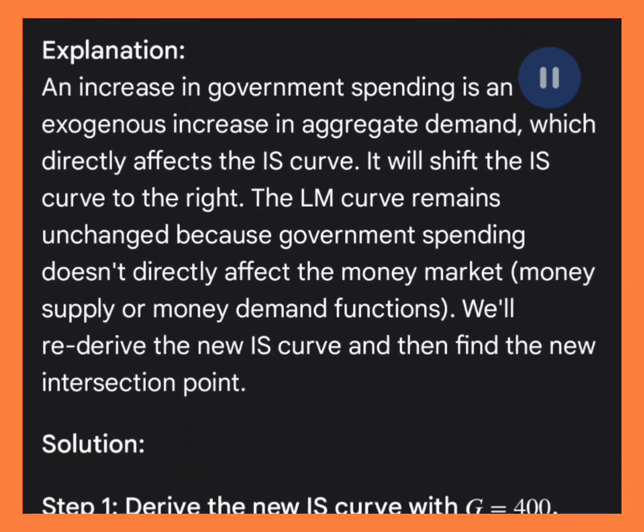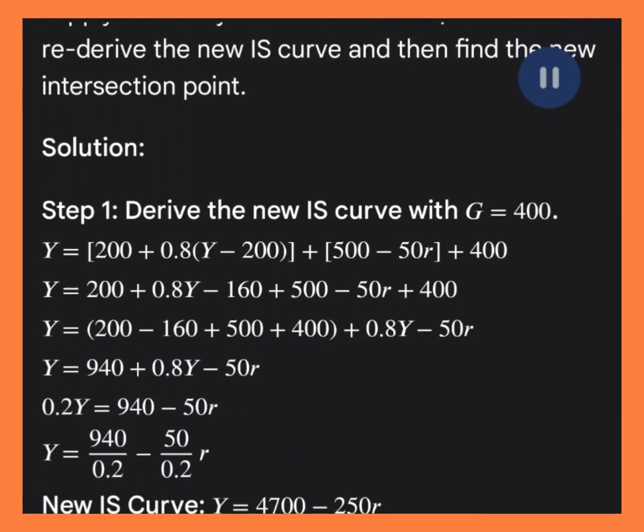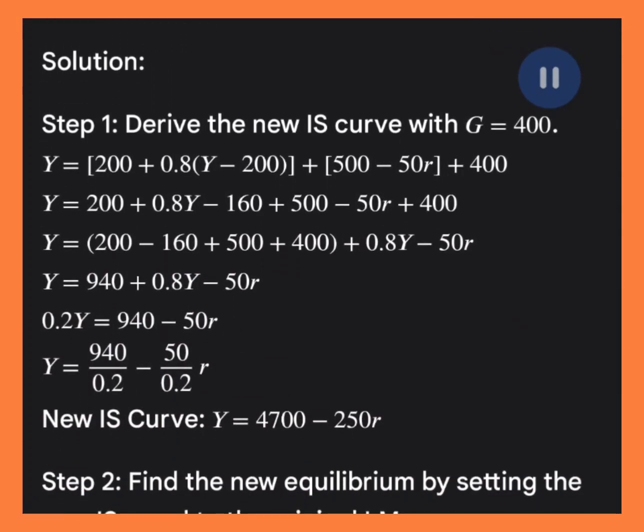Solution. Step 1: derive the new IS curve with G equals 400. Y = 200 + 0.8(Y - 200) + 500 - 50r + 400. Y = 200 + 0.8Y - 160 + 500 - 50r + 400. Y = 940 + 0.8Y - 50r. 0.2Y = 940 - 50r.